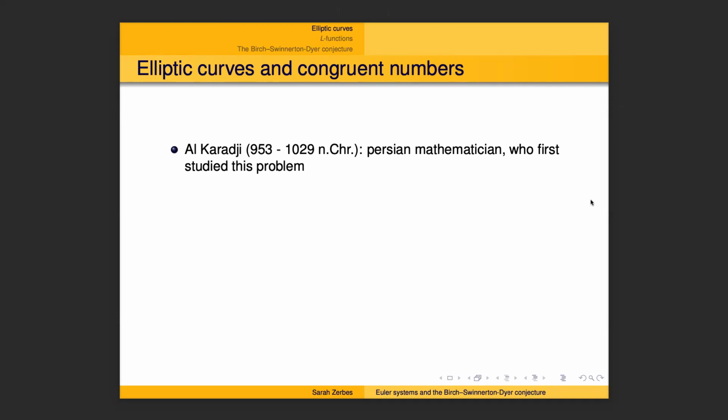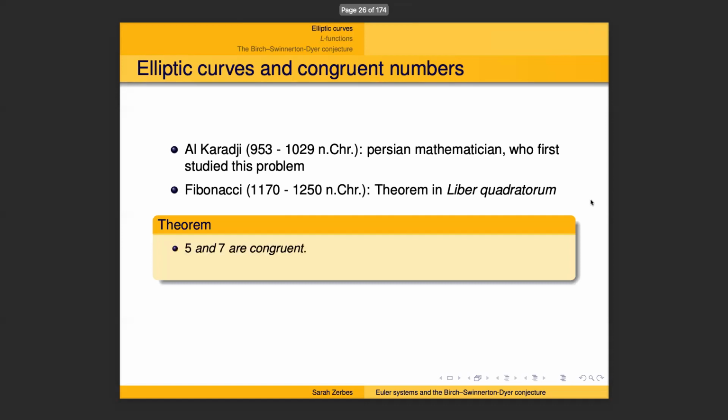Then Fibonacci studied the same question about 150 years later, and he stated the following theorem in the Liber Quadratorum, the book of squares, namely that 5 and 7 are congruent numbers. And he stated, but did not prove, that 1 is not a congruent number.